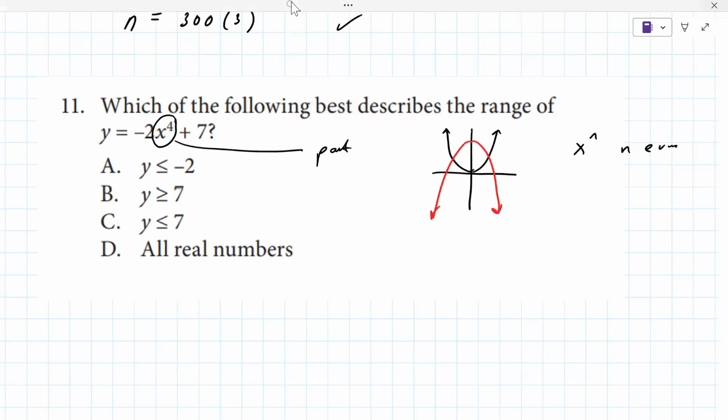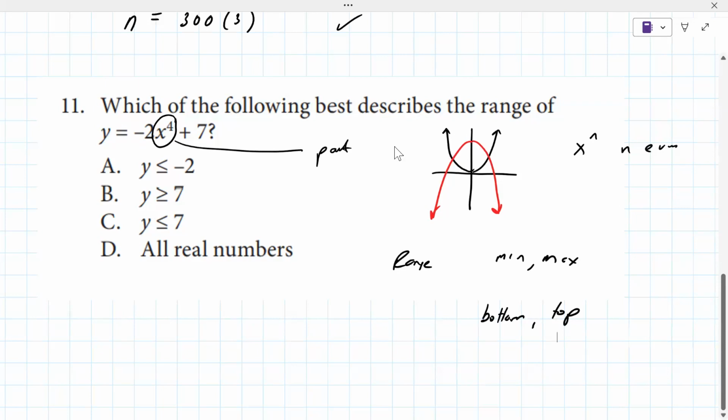Okay, so the range is always the min to the max. Sometimes students like bottom to top, something like that. They're using this inequality notation, which suggests that there's a place where it does stuff.